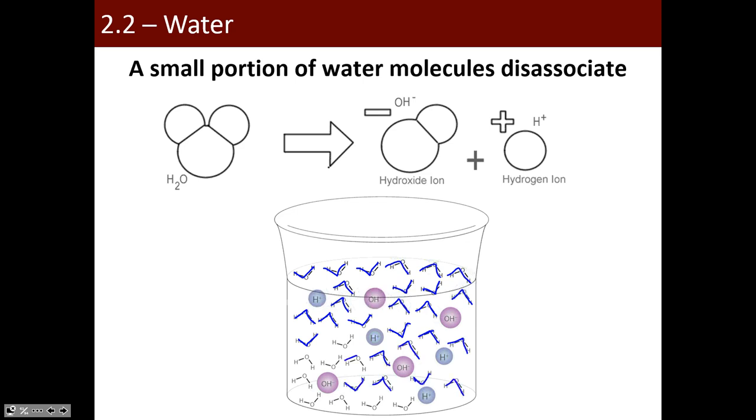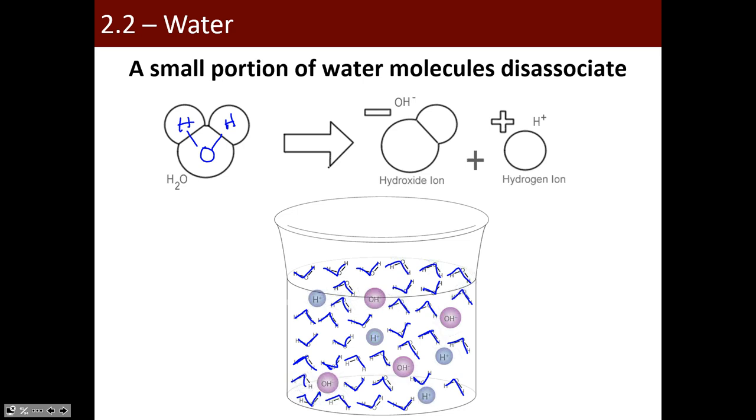right? And at any given moment in time, some of those water molecules are falling apart into their component ions. So if we remember, our water molecule is a hydrogen, a hydrogen bound to an oxygen bound to another hydrogen, right?